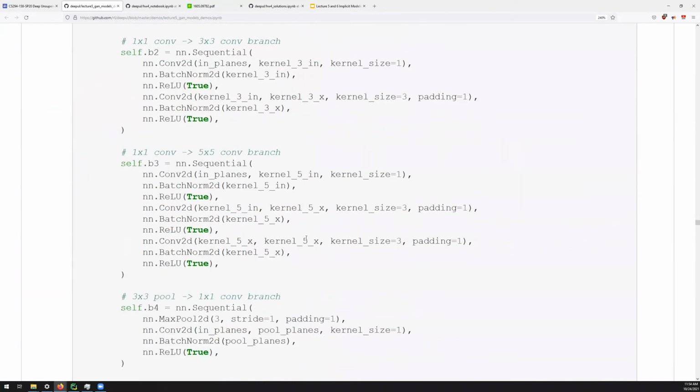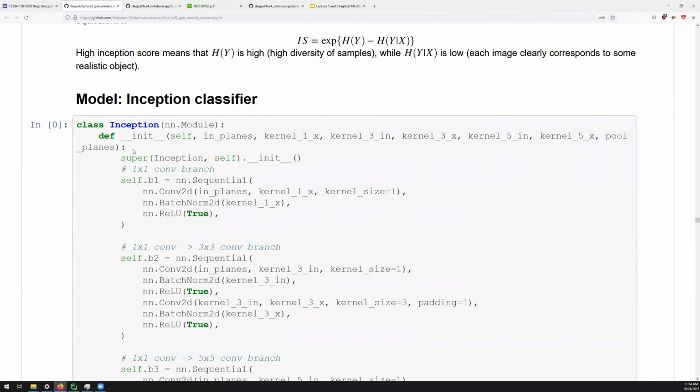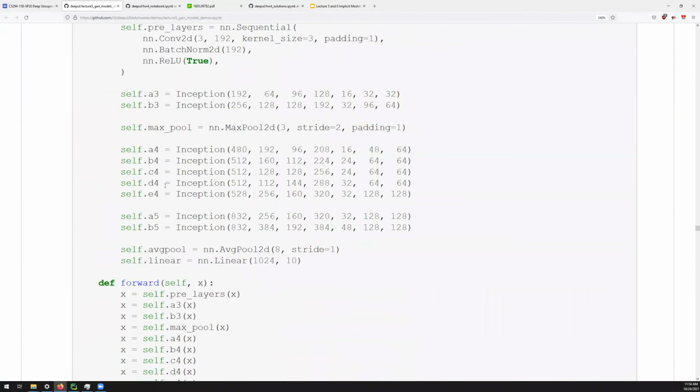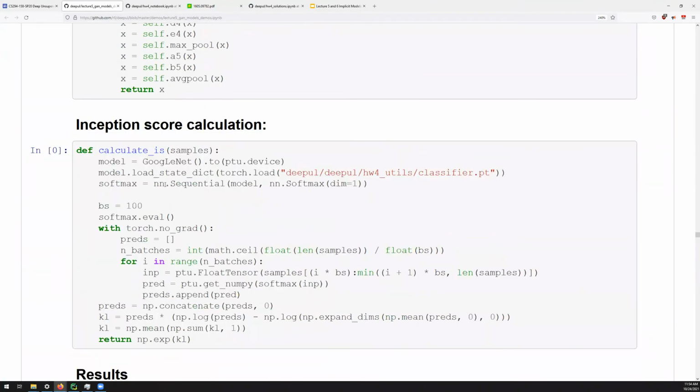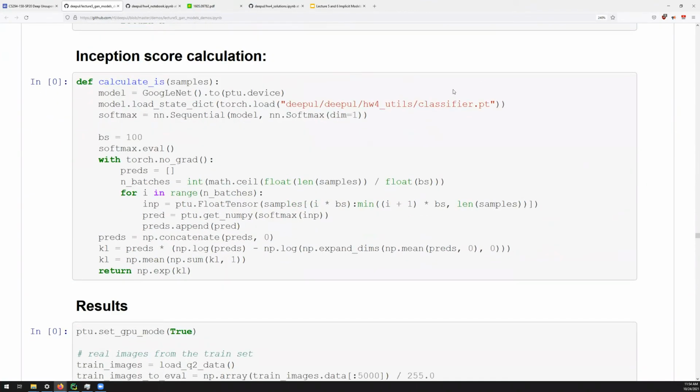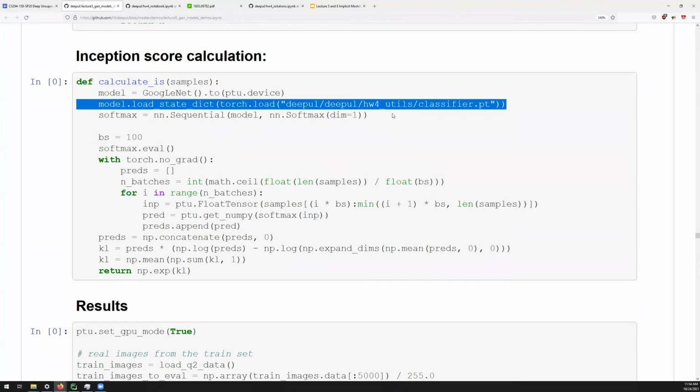And in this one, they actually have the Inception and the GoogLeNet here. To calculate it, the model is stored, so you don't have to train it. They just load it, and then it's calculated here.